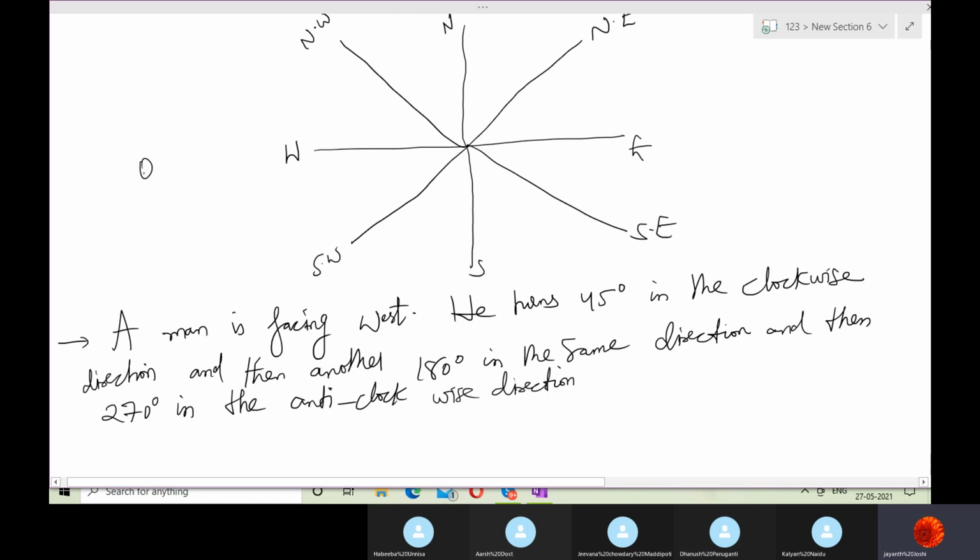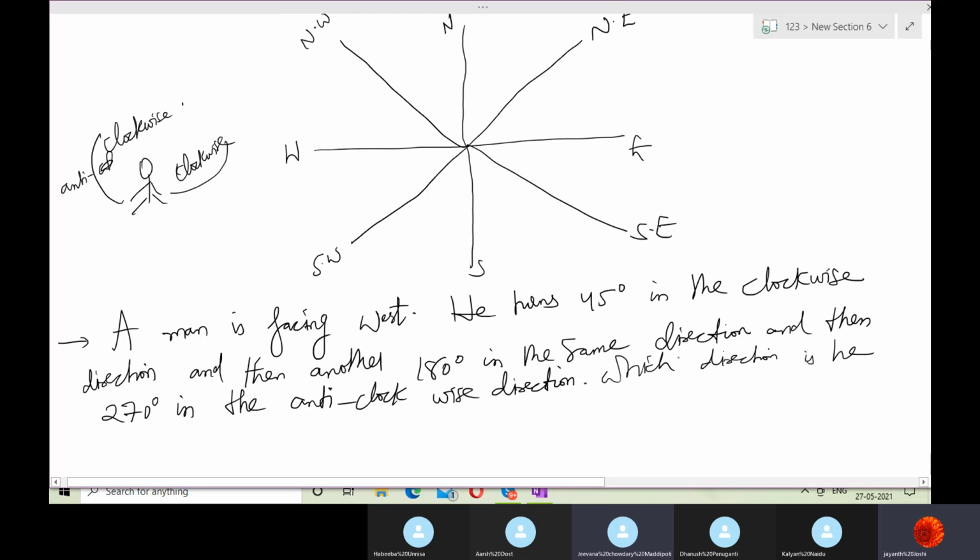You should know if a person is here, if he is going this direction, rightwards, it is clockwise. If he is going this direction, this is anti-clockwise. Full stop. Which direction is he facing now?